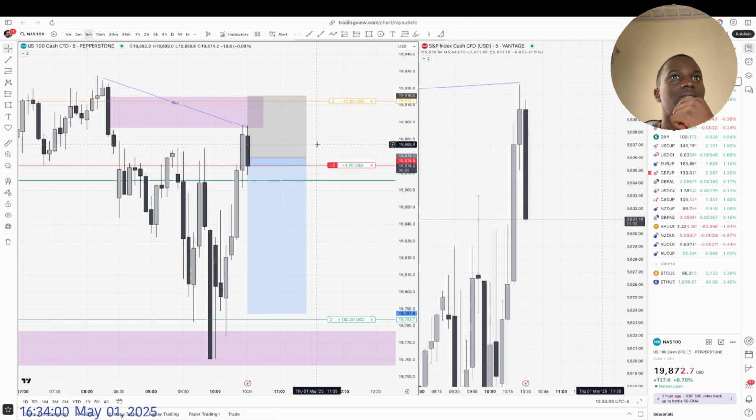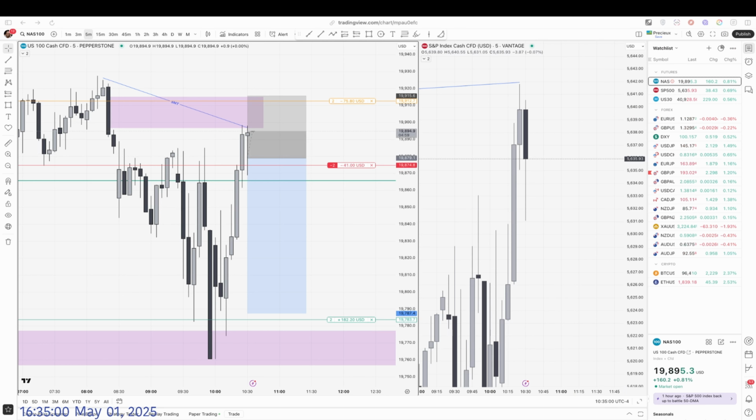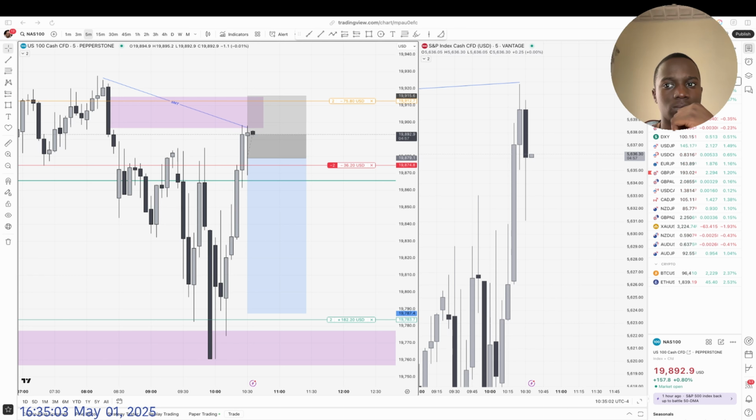So let's wait for some time and see. We're currently in the stop loss zone. Let's see how the trade plays out. So we're currently floating minus $30, minus 40. Let's wait and see how it goes.